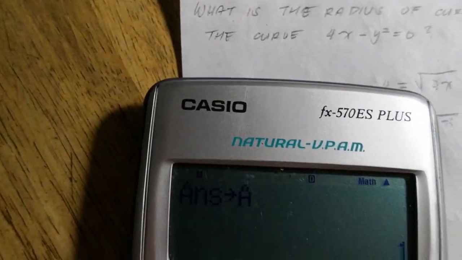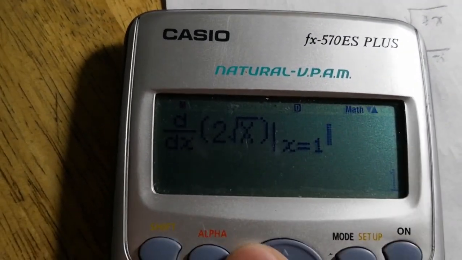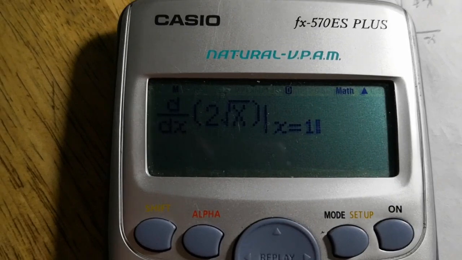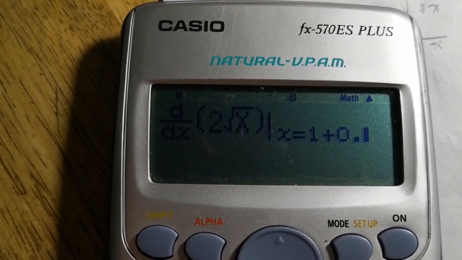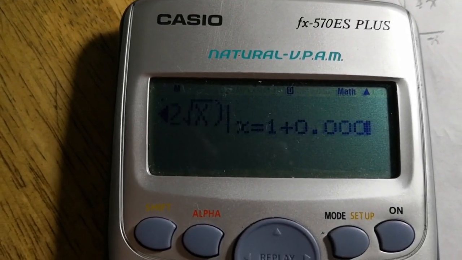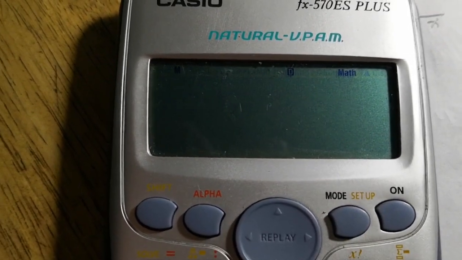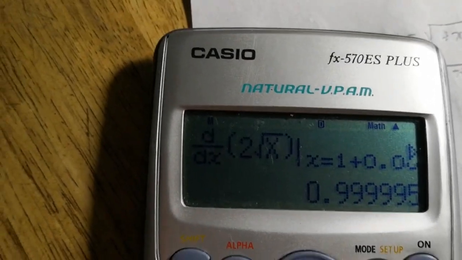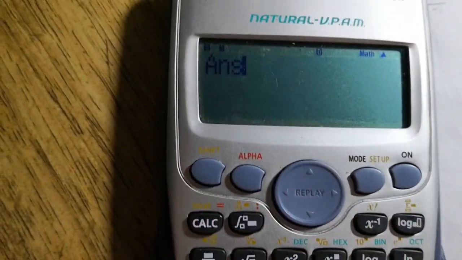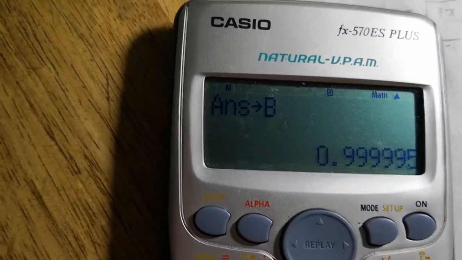So press the up arrow, and then what we will do is add 0.00001 there, and then we will save it again on another letter.